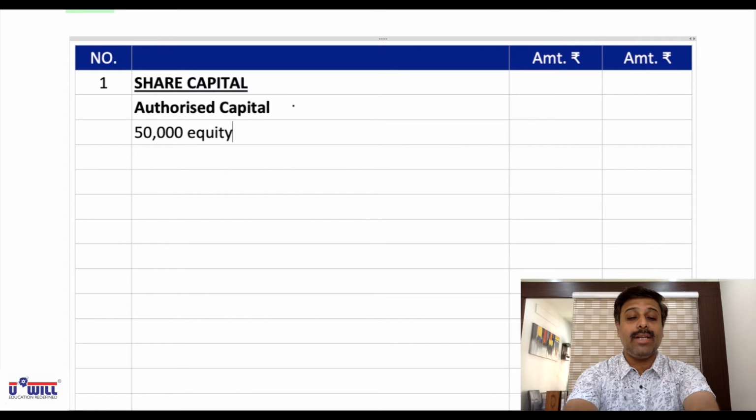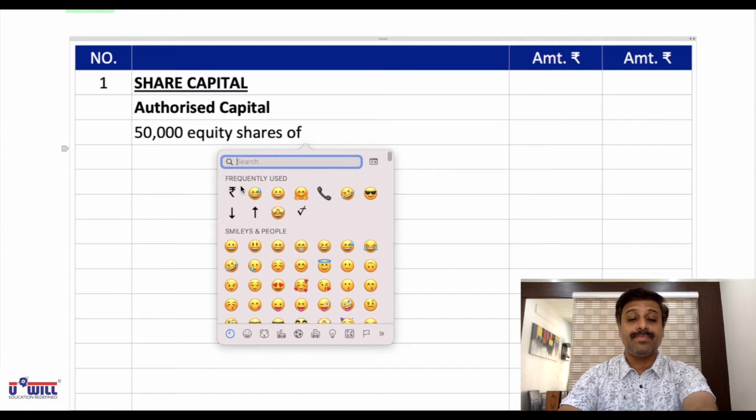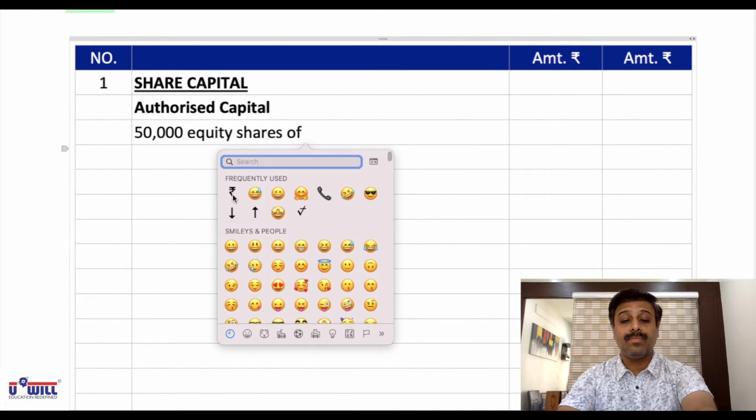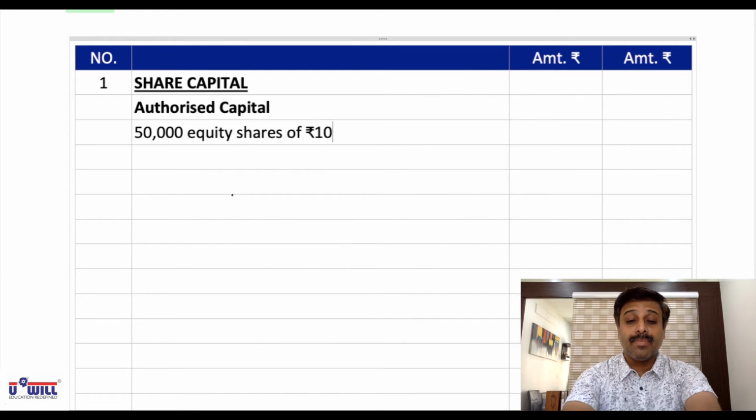Authorized capital: 50,000 equity shares of rupees 10 each, that is 5 lakhs.